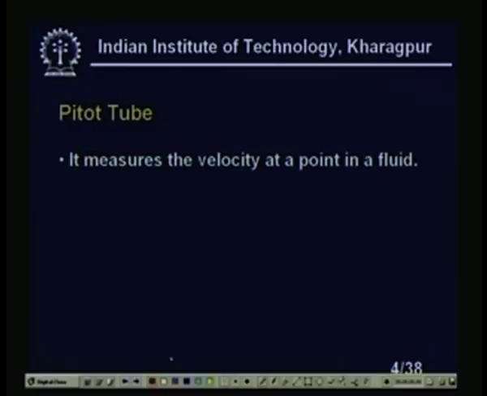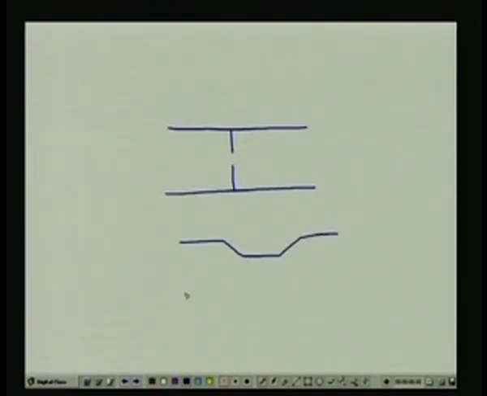Let me take a whiteboard. If I have a pipe, as we have seen in the case of the orifice meter or the venturi meter, it averages the velocity over the whole section.